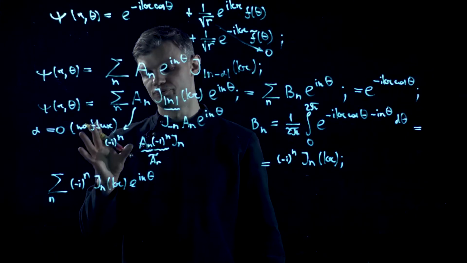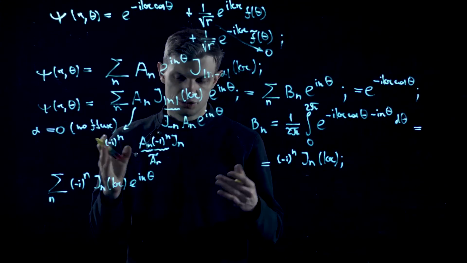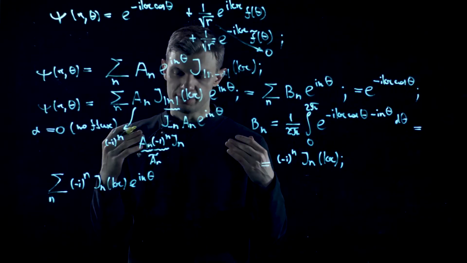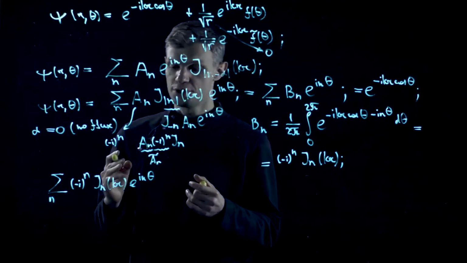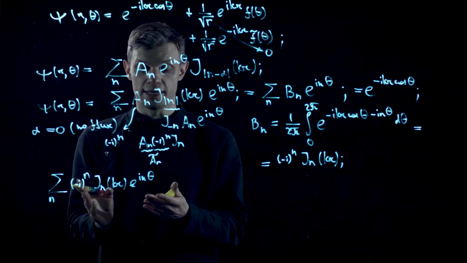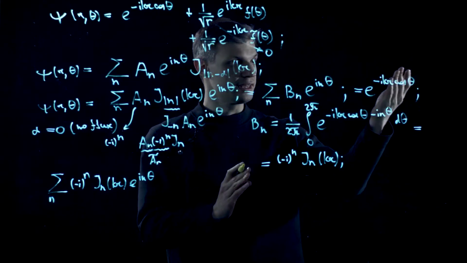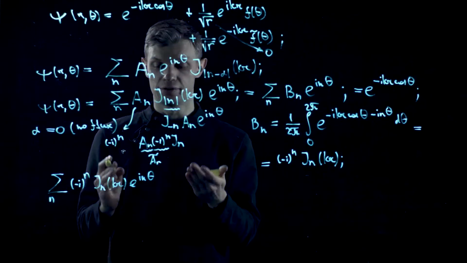First of all, the Bessel function is a non-elementary function, and to make sense of it, we need to use some kind of simplification. The first possible simplification, just to see how the whole thing works, is to check if this equality works for large values of r.